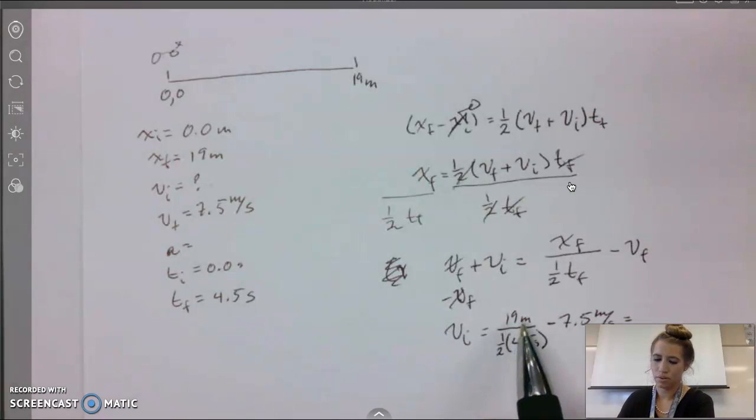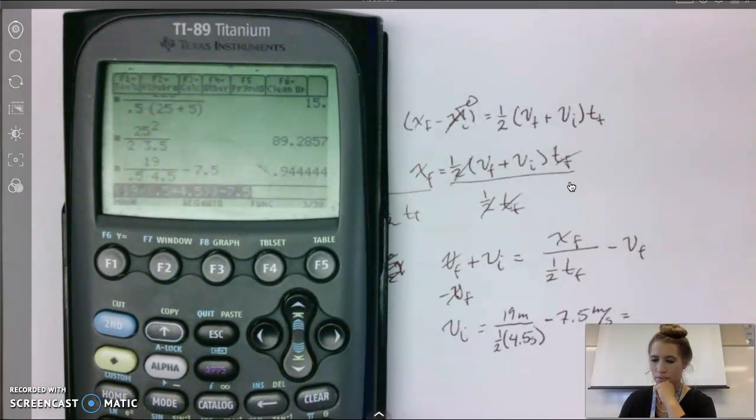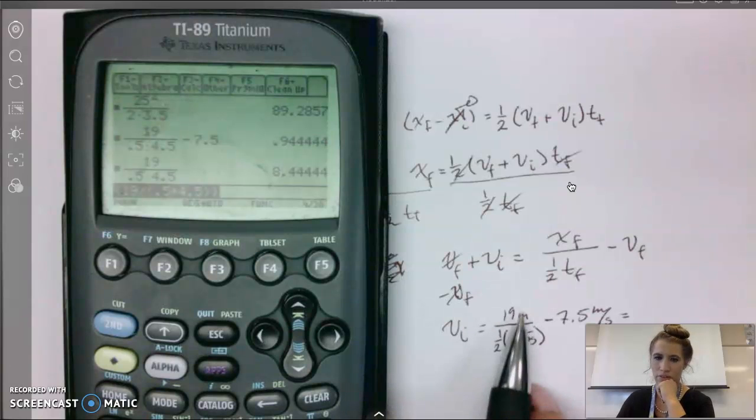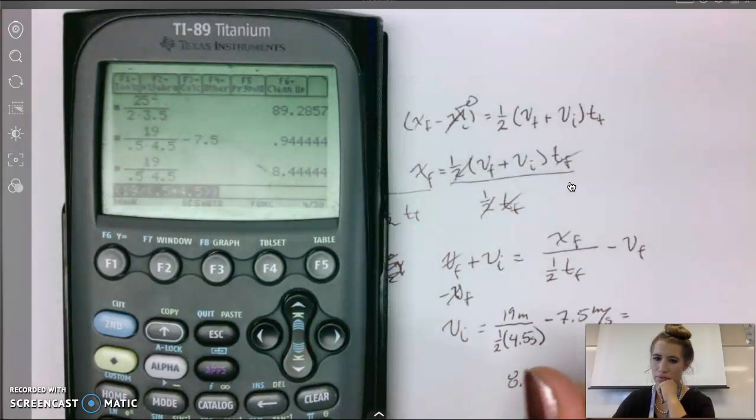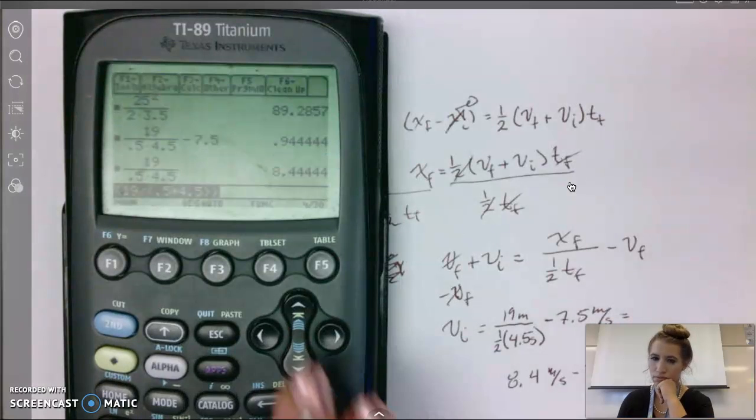Okay, so we have 19, so 2 sig figs, 2 sig figs, 2 sig figs. If we do not run this 7.5, this right here would give us 8.4. Okay? So this would be 8.4 meters per second minus the 7.5 meters per second.